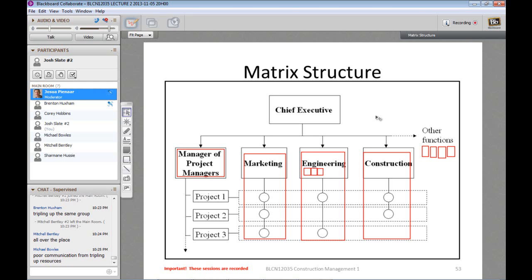But then marketing and other functions at the head office, they would be matrix style out to each project. Your QA manager and safety managers then slot into a matrix style structure. Any other takers for that one?